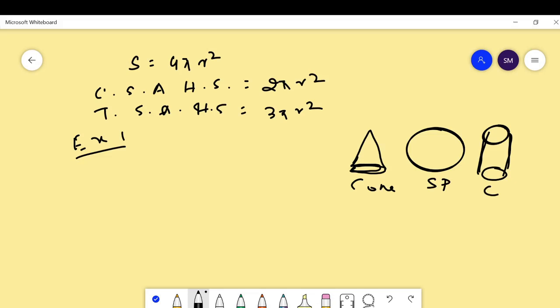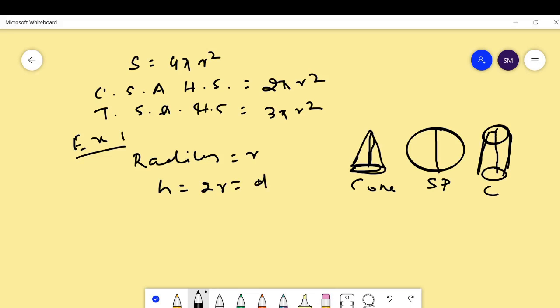All have the same radius, radius is equal to r, and the same height. This means the diameter of the sphere is the height of the cone and also the height of the cylinder. So h is equal to 2r.